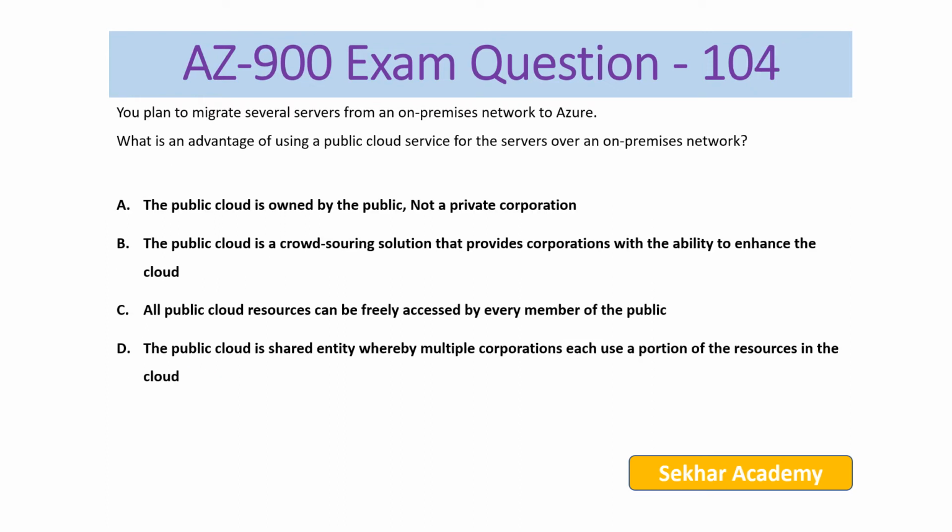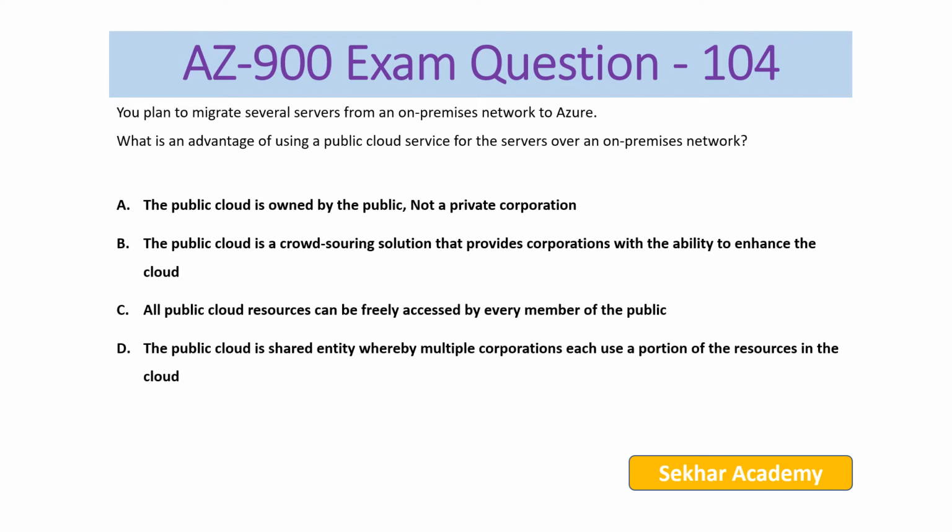AZ-900 exam question number 104. You plan to migrate several servers from an on-premises network to Azure. What is an advantage of using public cloud service for the servers over an on-premises network? Options we have: A, the public cloud is owned by the public, not a private corporation.